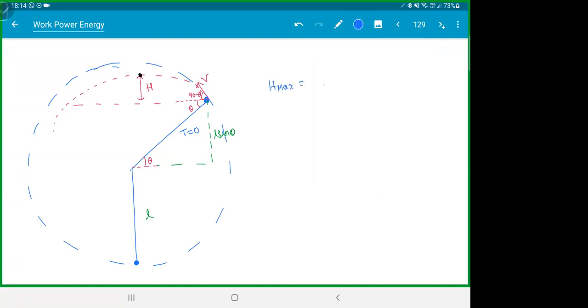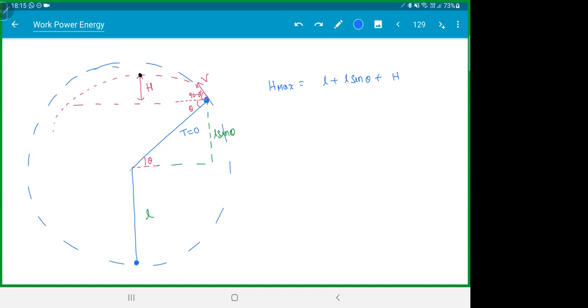So max height will be L plus L sine theta plus the H max of that projectile. Because if you give root 5gl, then you will go to the topmost point, but the tension became 0 even before reaching the topmost point. So this particle will fly like a projectile. So first find theta and V.